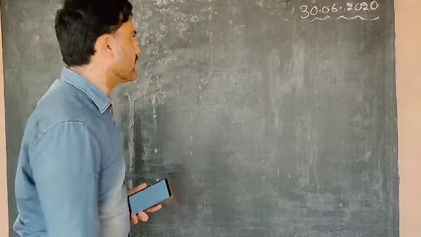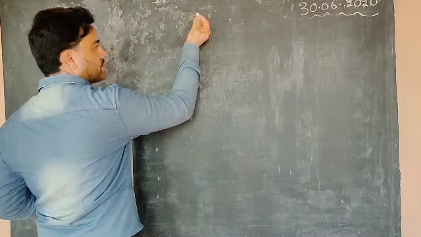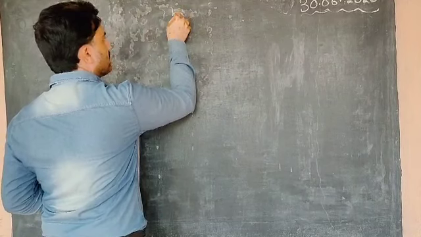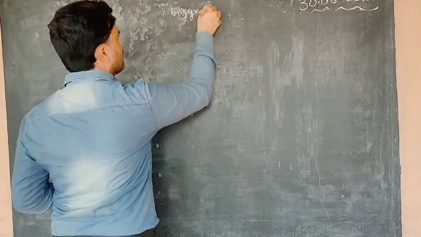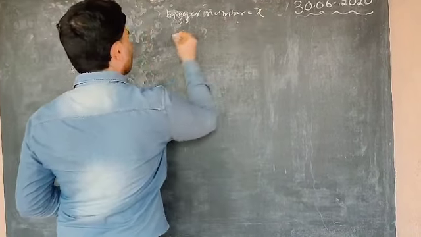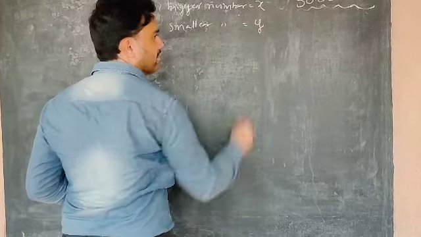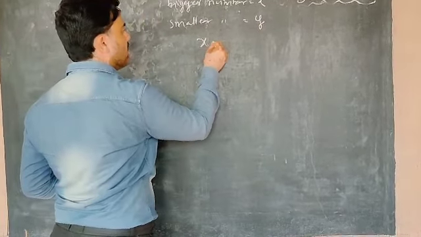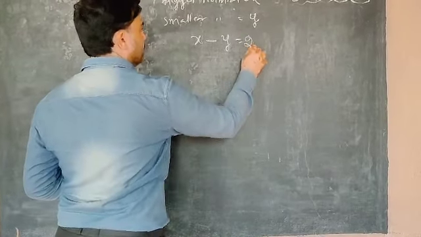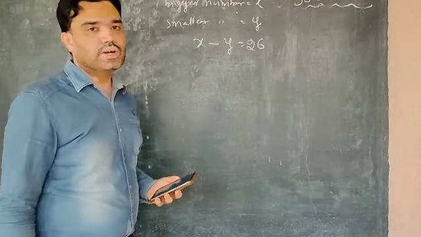See, one of the numbers, say the bigger number is x, and the smaller number you make it y. Difference means bigger minus smaller. They have given that it is 26. That is from the first condition we have written one of the equations.